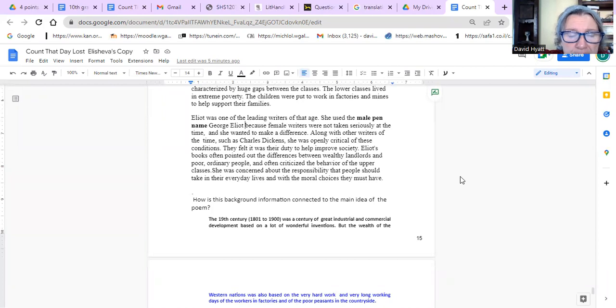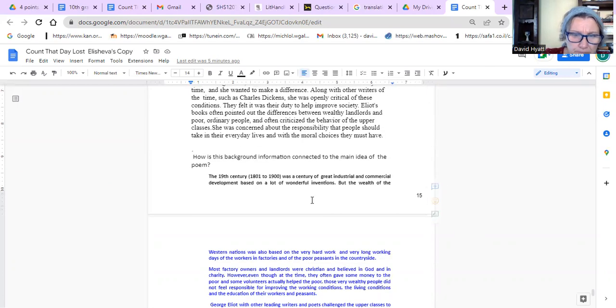How is this background information connected to the main idea of the poem? I covered this in blue as well. I forgot. I'm sorry. Excuse me, just a moment. No, it's not coming in blue.